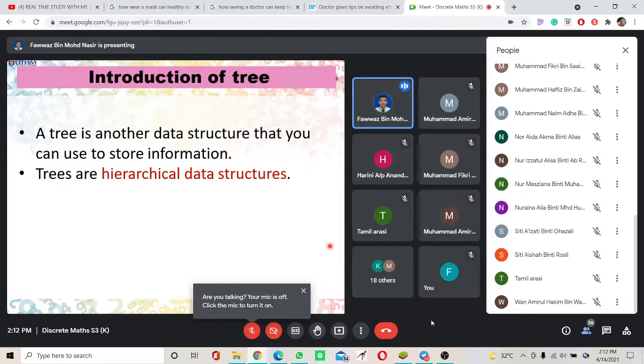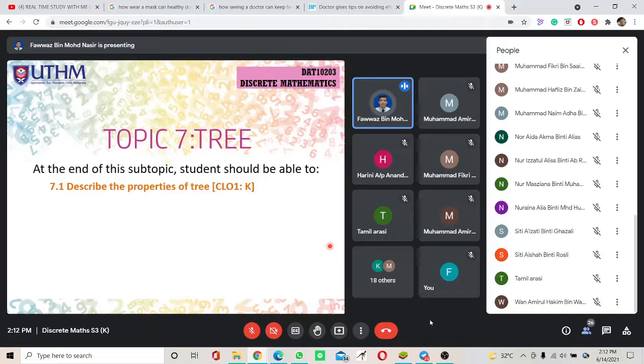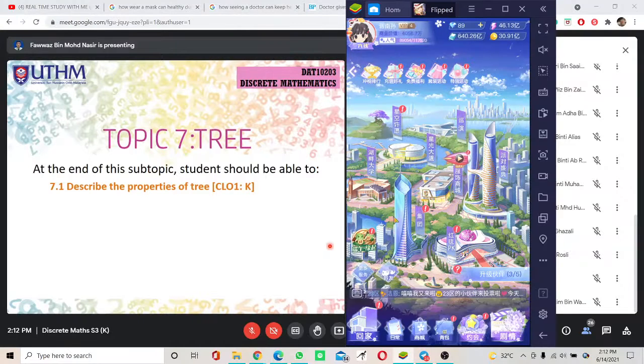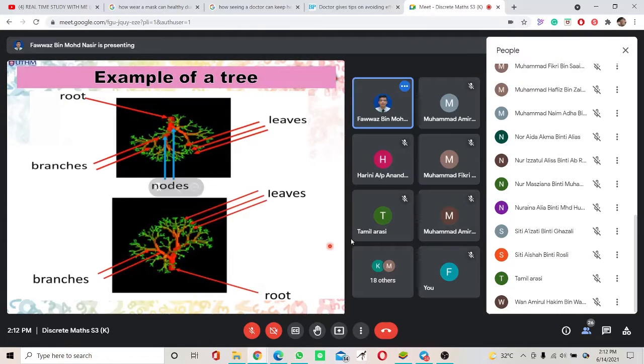Okay, so kita tengok dulu the first subtopic, we describe the properties of trees. Okay, so basically the properties of trees dalam discrete maths or any other math subject and computer science, dia punya term dia, the basic terminologies dia is almost similar macam term-term yang kita gunakan dalam real world punya tree.